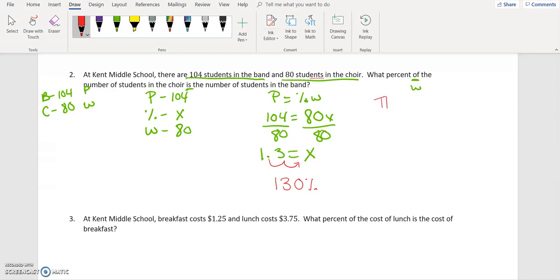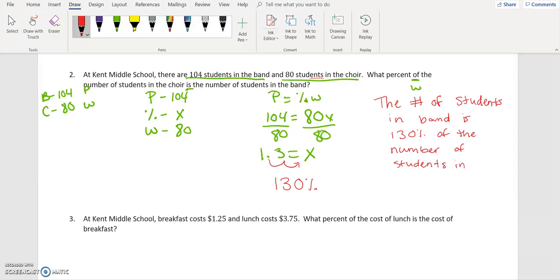Okay, so the number of students in band is 130% of the number of students in the choir.